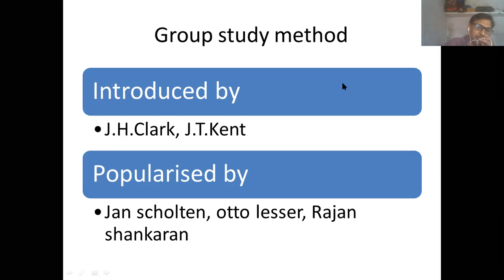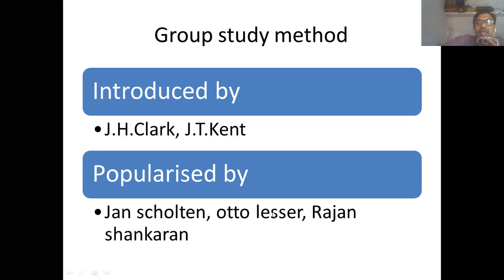For our safer purpose, we say that J.H. Clark and James Tyler Kent in the 19th century initiated this group study method. And then later on, this method was popularized by modern masters in homeopathy like Ian Scholten. Remember, it is not Jan Scholten, it is Ian Scholten, Otto Lasser, and Rajan Sankaran.